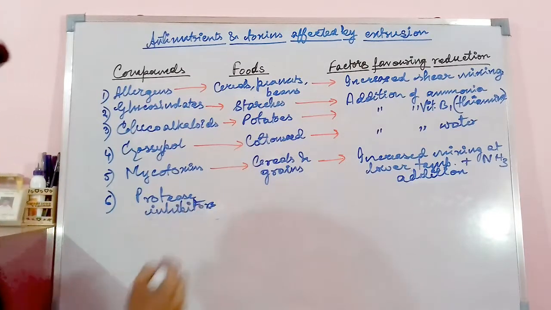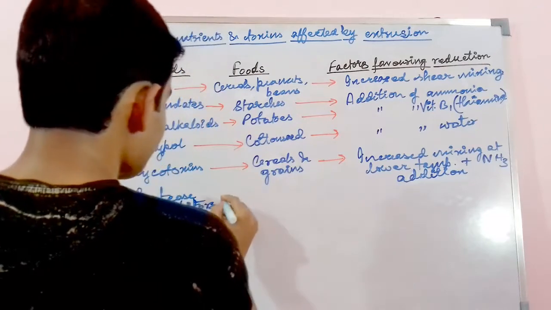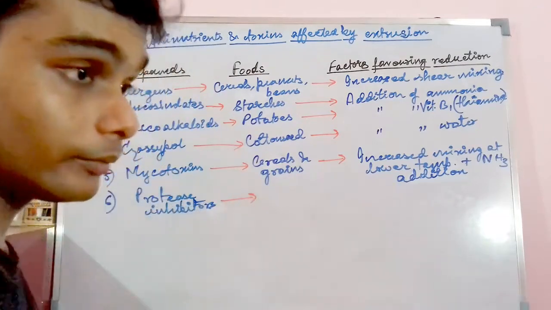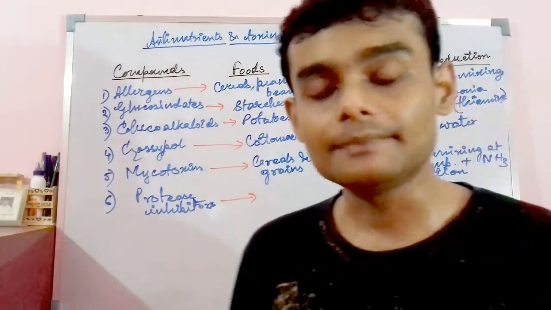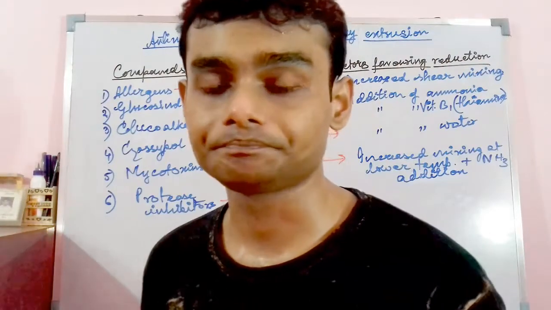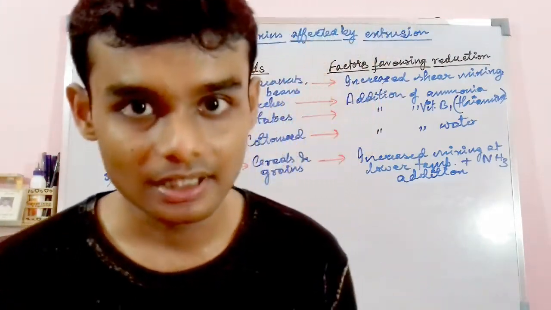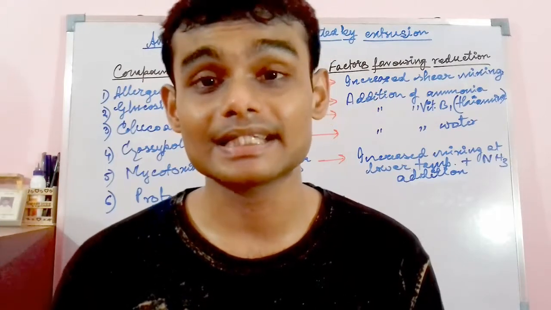Protease inhibitors are compounds which, when they enter the body, inhibit the protease enzymes produced by your body itself, particularly by the serum present in the blood.